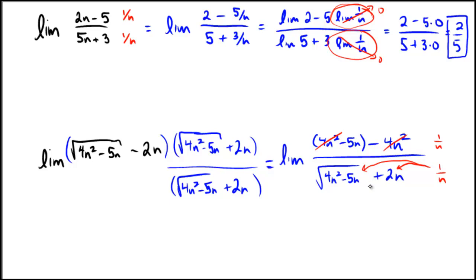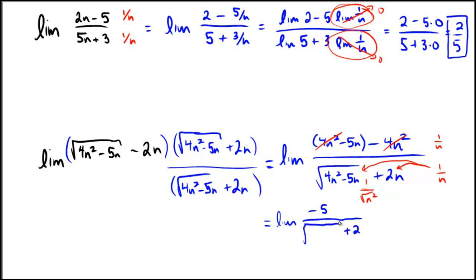Technically on that one, I'm going to be multiplying by 1 over the radical of n squared, because that's what's going to come into the radical nicely. So what do we end up getting? The limit of, on the top we would just have a negative 5. On the bottom, let's do this one over here first. This would definitely just be a plus 2.